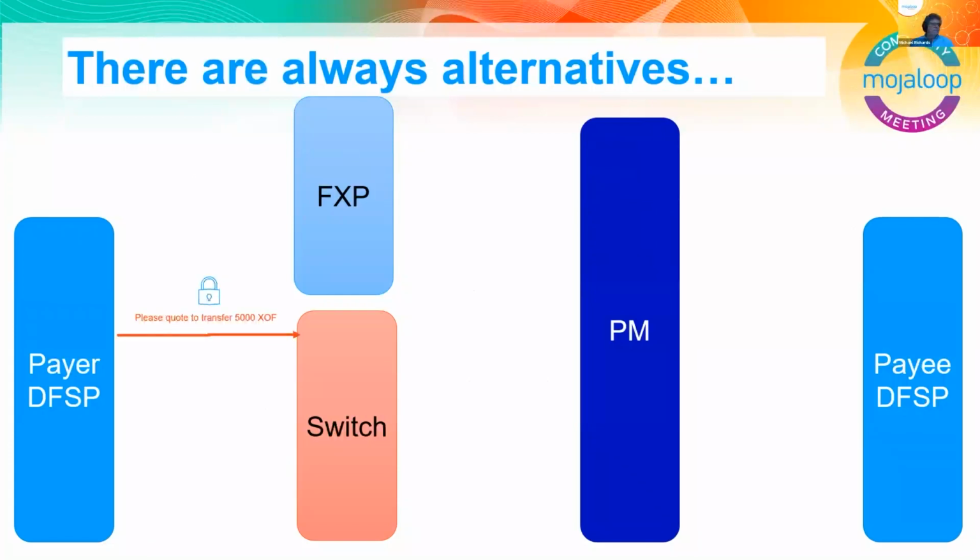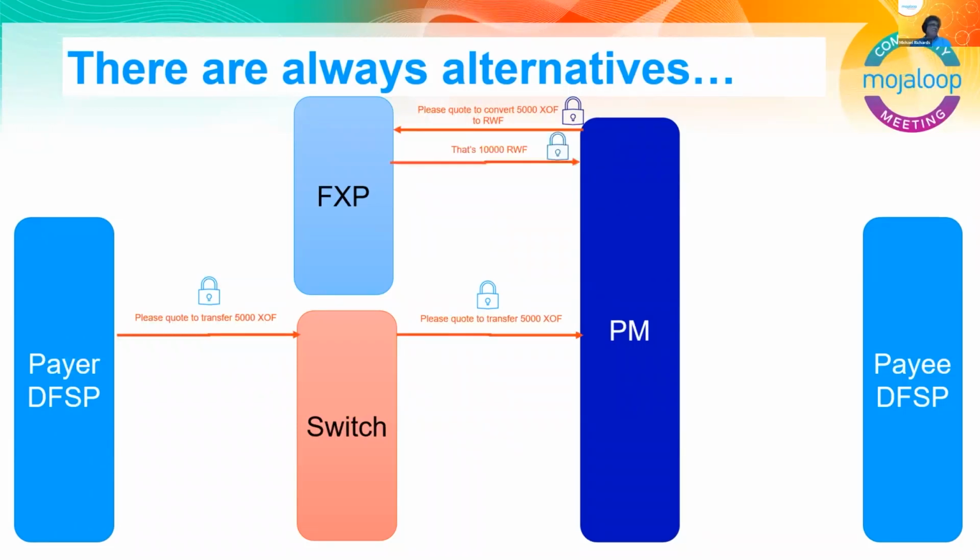Consider this, for instance. We send a request, please quote to transfer 5,000 West African francs. The non-repudiation signature, which you can just see above, comes from the payer DFSP. The switch passes that directly to an instance of payment manager, just as it was. Payment manager asks for a quotation from the foreign exchange provider, and it signs the non-repudiation with its own certificate, which is absolutely fine.